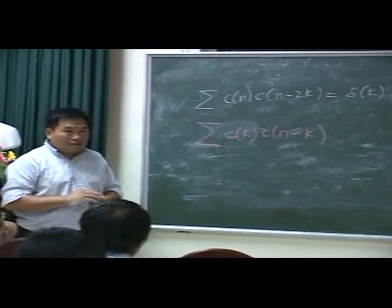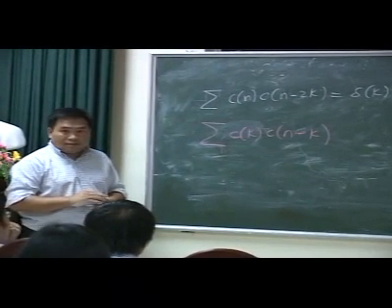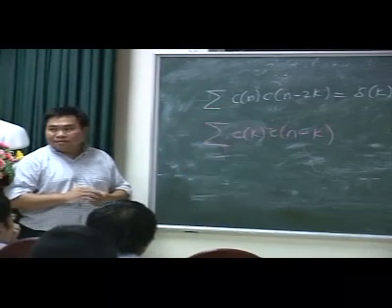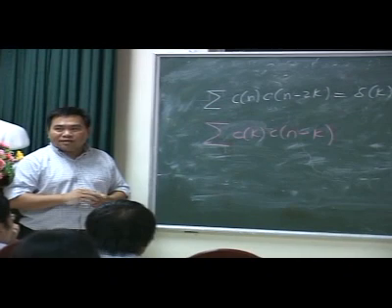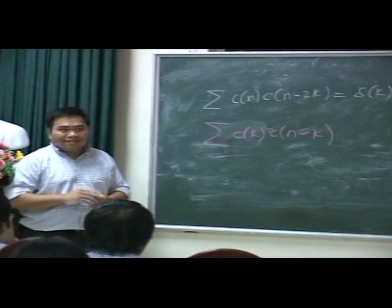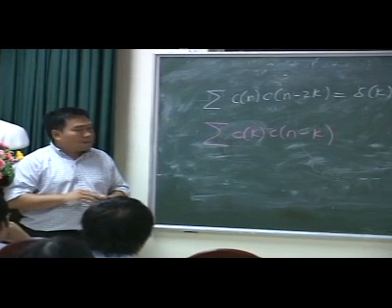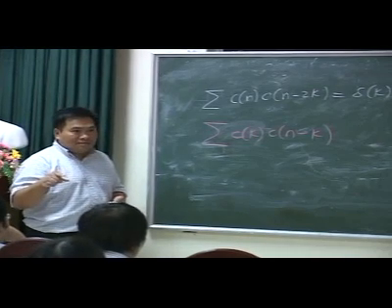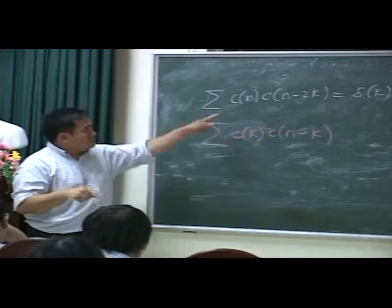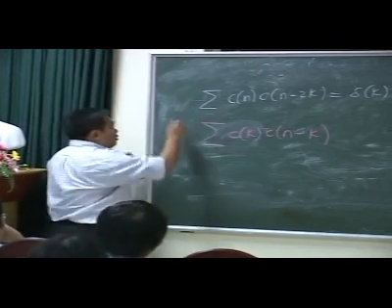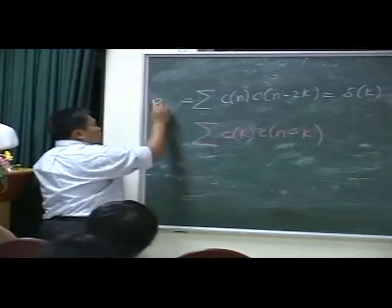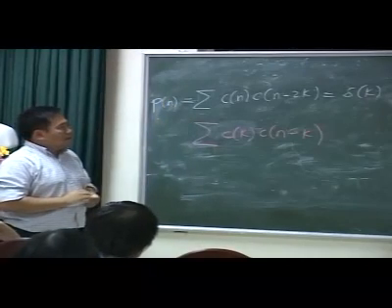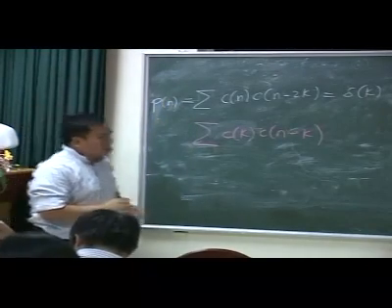That's convolution. Right? That's convolution. What's that? That's convolution. Can it be the same thing? Convolution, downsample by 2. If I call this P of n.